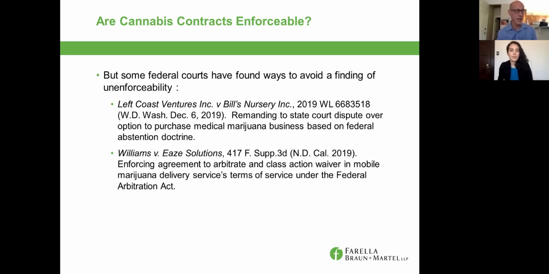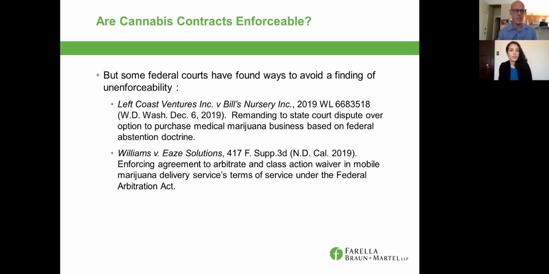And the licenses were granted. The plaintiff tried to exercise the option. The defendant didn't allow the option to be exercised, and so the plaintiff filed suit to enforce this agreement. And the defendant moved to dismiss, arguing that the agreement was contrary to federal law.